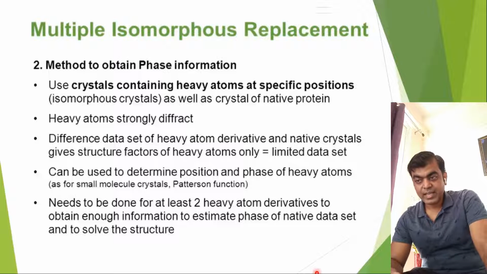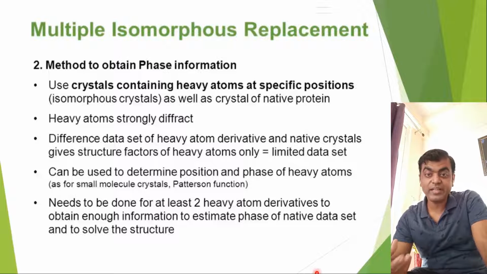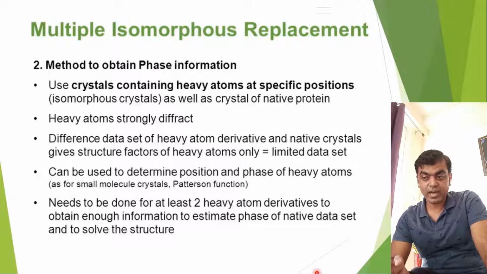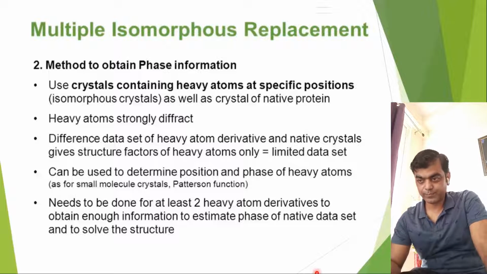Now heavy atoms strongly diffract the X-rays. That is why we put these heavy atoms at particular positions: they will strongly diffract the X-rays. So we know the positions of these heavy atoms, and the pattern coming out, or expected to come out, can also be predicted.